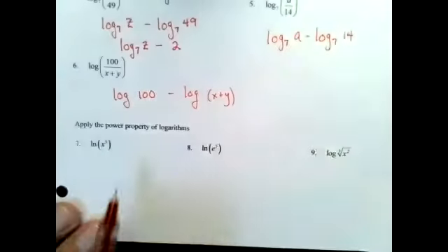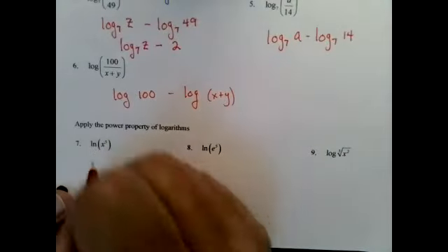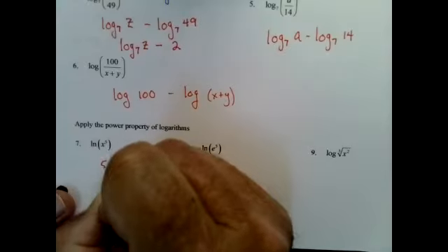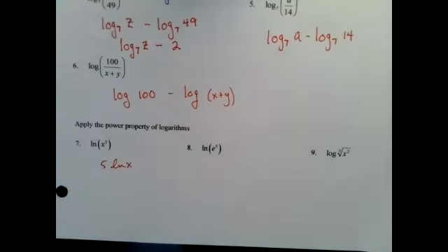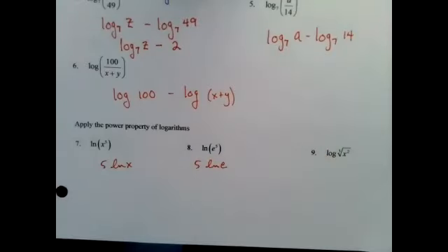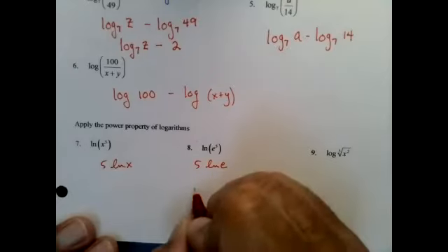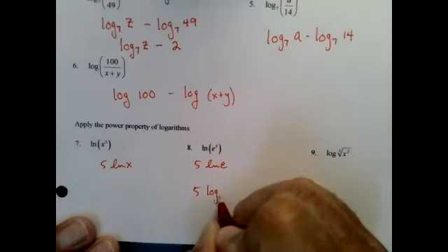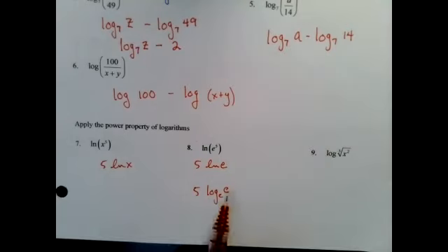So this is actually the same as 5 natural log of e, and that's something, because natural log is the same as 5 log base e of e. We've been looking at that.